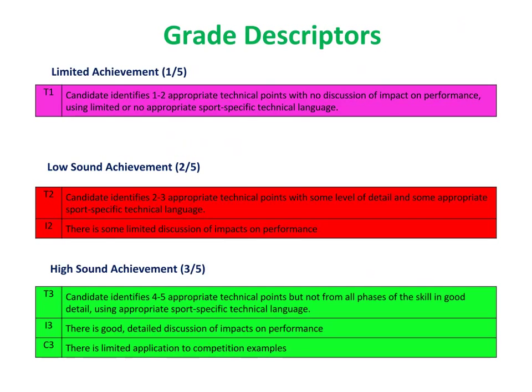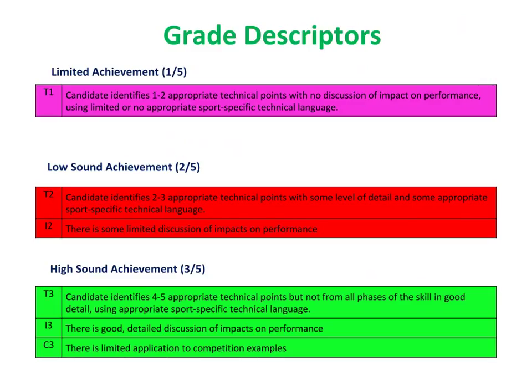To get into a 3 out of 5, we're looking at 4 to 5 as a guideline figure of technical points, maybe not from all of the phases, and now we're starting to use specific technical language, looking at how the technical points impact on the performance, and we're starting to get some link to how it applies into competition.